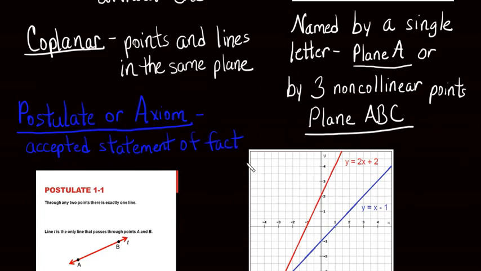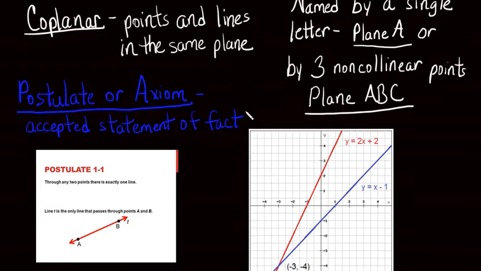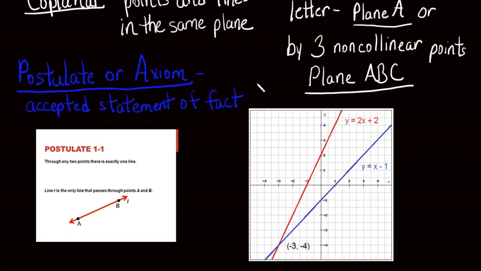In geometry, we will come across several postulates or axioms. They can be called either one. And all that is a fancy way to say something that is accepted as a statement or a fact. It's accepted in geometry. We're not going to argue with it.